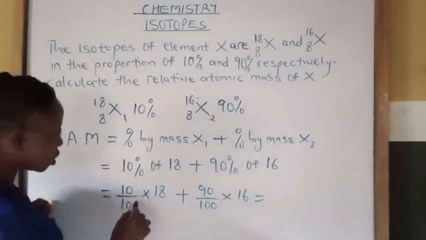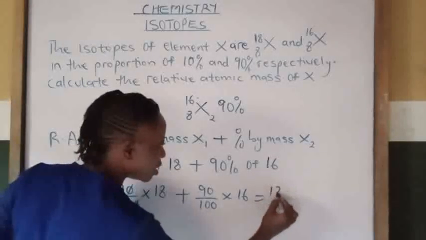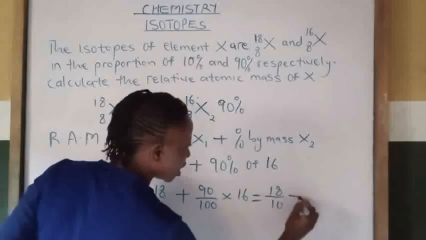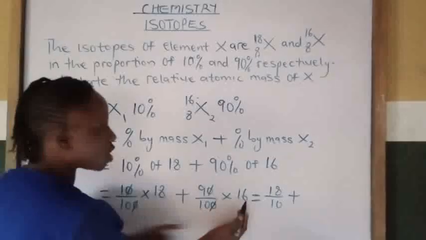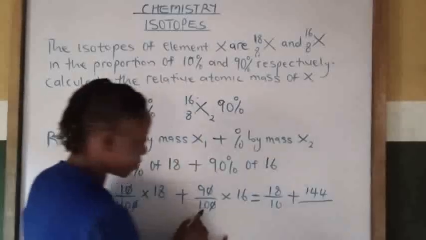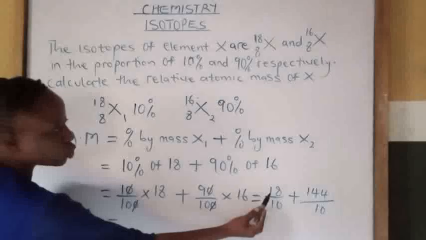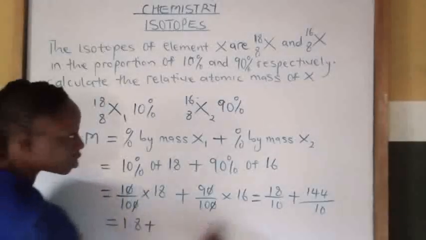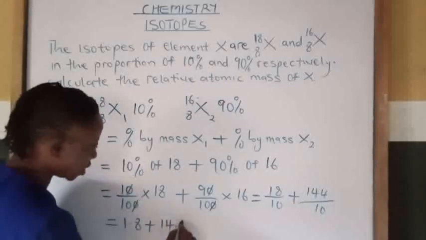So which is equal to, this 0 we cancel 0. So this one will give us 18 over 10, then plus this one cancel this, so 9 times 16 will give us 144, 144 divided by 10. 18 divided by 10 will give us 1.8, plus 144 divided by 10 will give us 14.4.